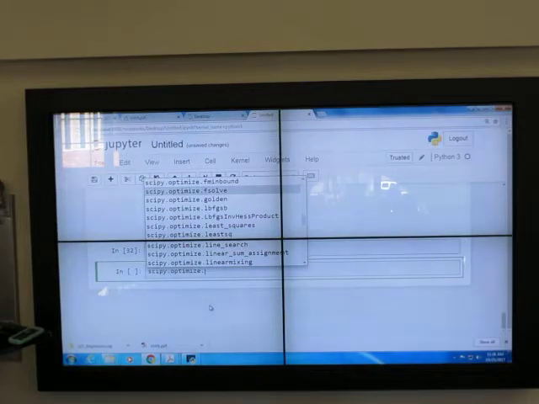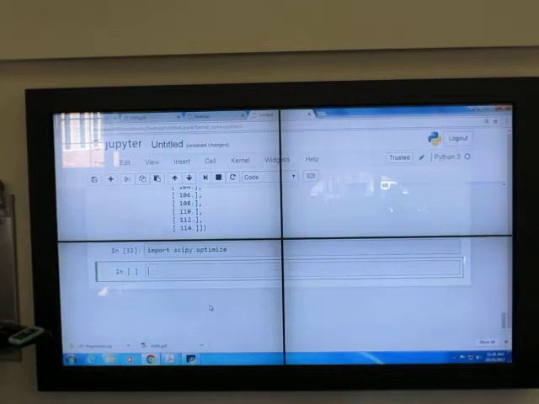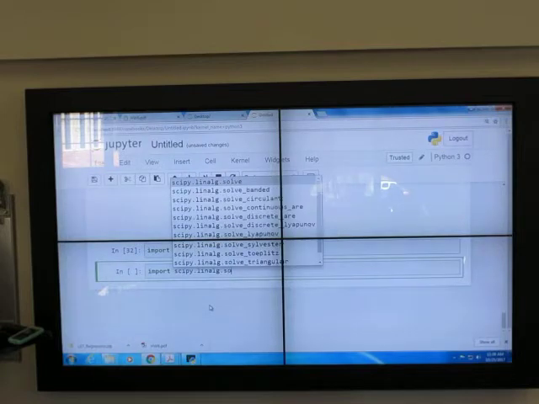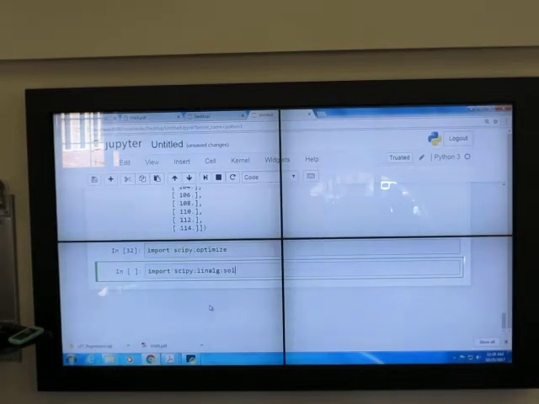No, it's linear. Oh, I'm wrong. What's the function? Solve? Yeah, I think so.